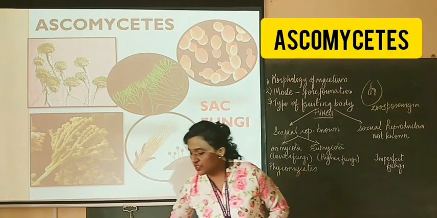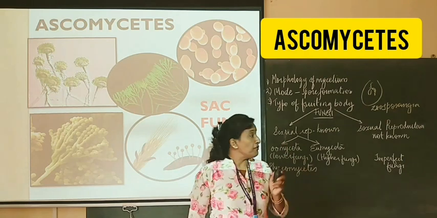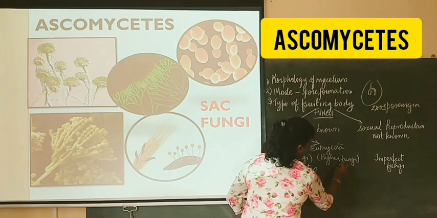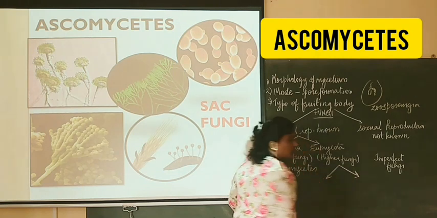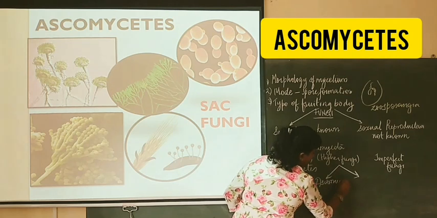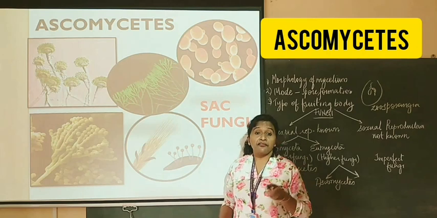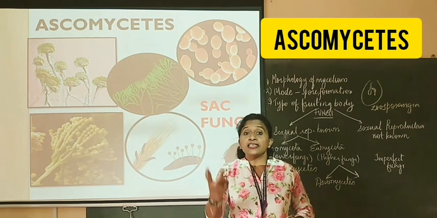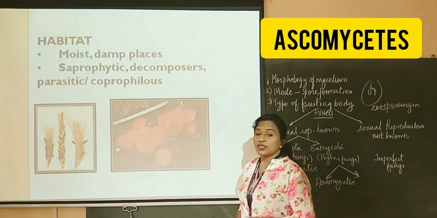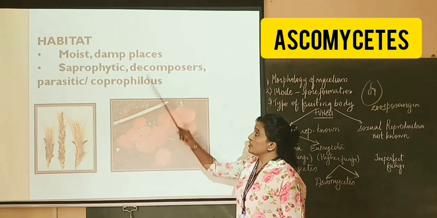Next is ASCOMYCETES. Those are the higher fungi coming under Eumycota. Under Eumycota there are two types. First we'll write down ASCOMYCETES, also called sac fungi, as they have sac-like structures. Here again, habitat: they are present in moist or damp places.